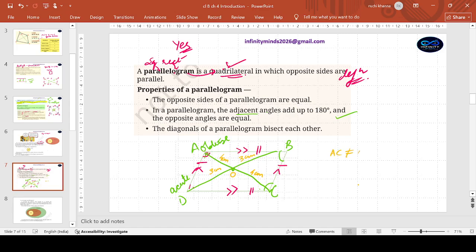Diagonals are not going to be equal, no such condition. We never said diagonals are equal. We have said they would bisect each other. So strange, no? They are themselves unequal, but they would meet each other at their respective midpoints. Okay? Diagonals bisect each other. In a rectangle, they were equal and bisect.